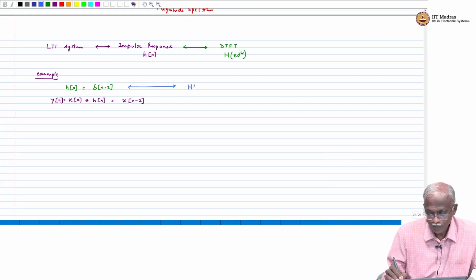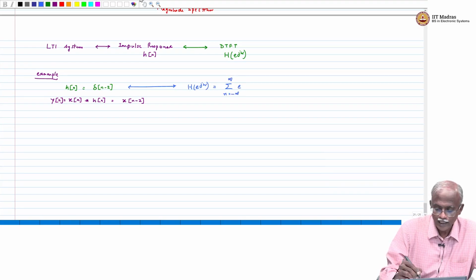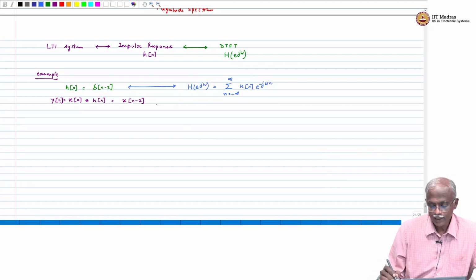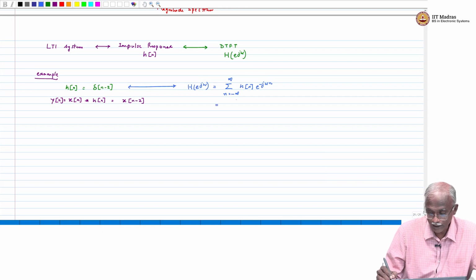What is its response? H e of j omega is the summation n equal to minus infinity to infinity h of n e power minus j omega n. In this case, h of n is non-zero only for n equal to 2.